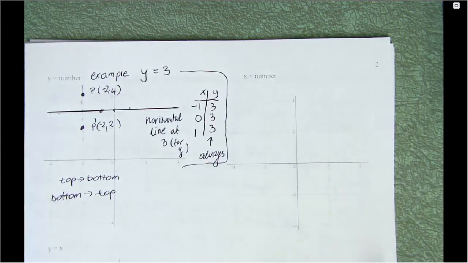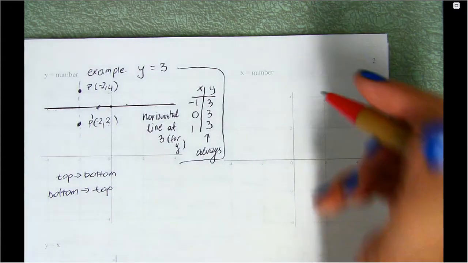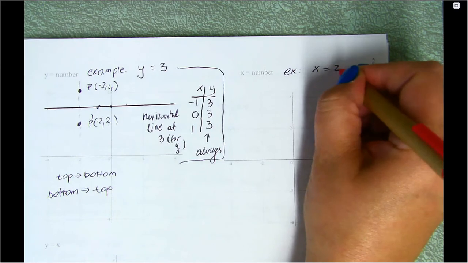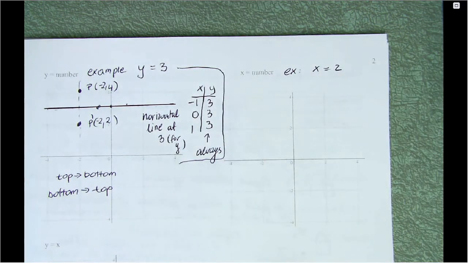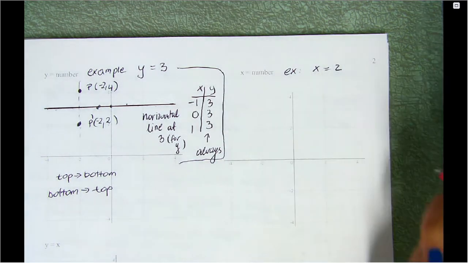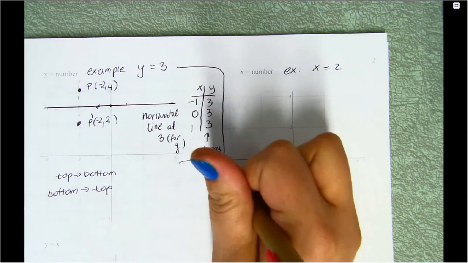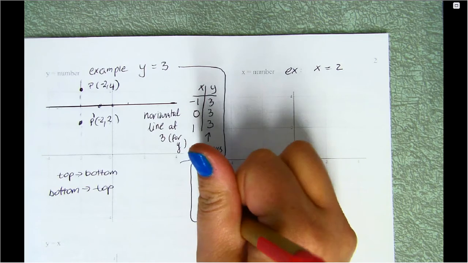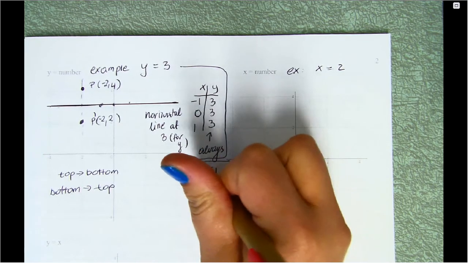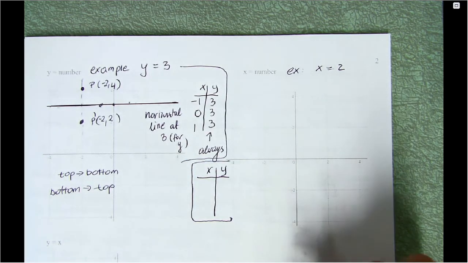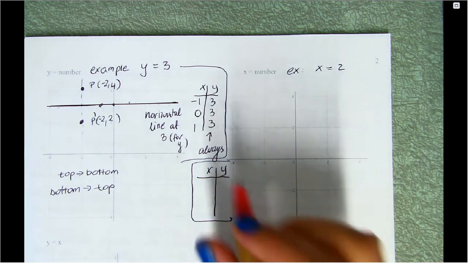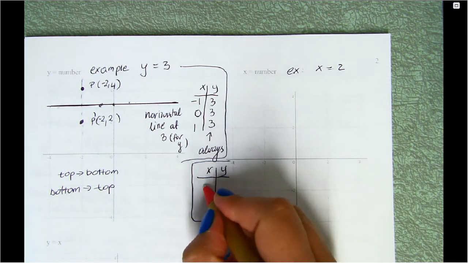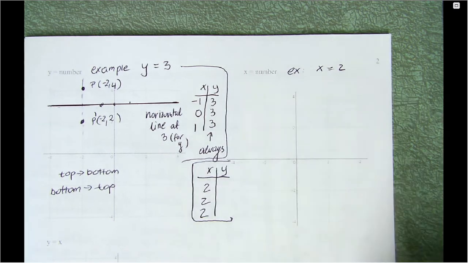Okay, the next one is x equals a number. For example, I'm going to say x equals 2. I want to use a line of symmetry where x equals 2. Okay, I can make my little table with x and y. Now I cannot choose the points for x, because x is always 2, no matter what y is.